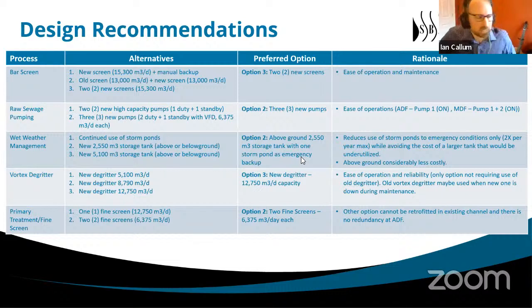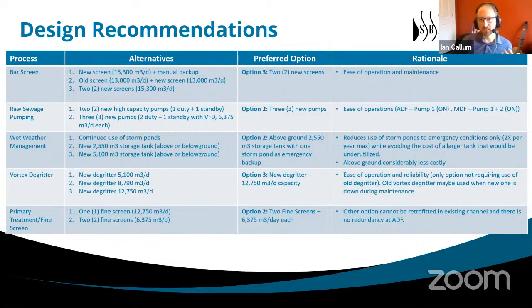So a lot of information here on this slide, and this is just sort of a summary. There's 2 pages like this that walk through the type of analysis that we did in terms of looking at every single step of treatment that occurs in the water pollution control plant, evaluating what needed to be updated, what needed to be upgraded, looked at different options.